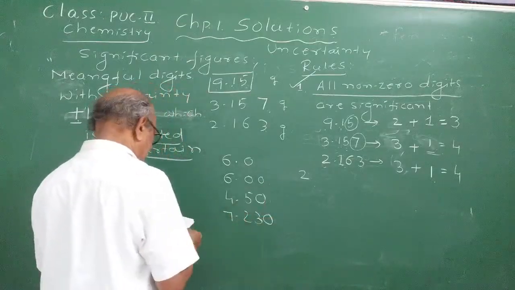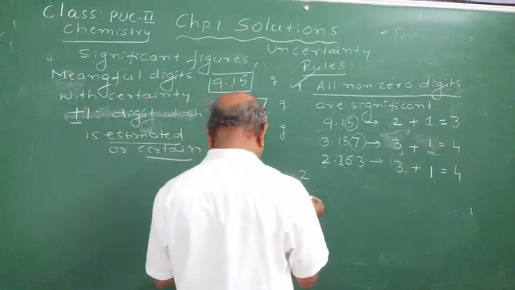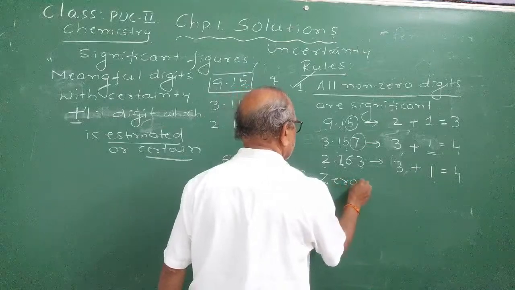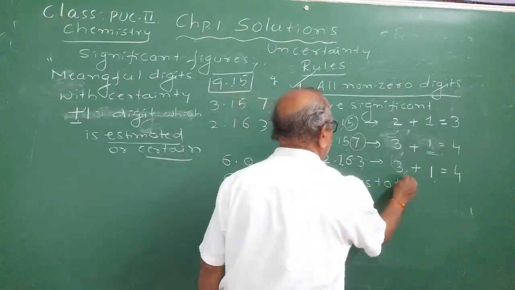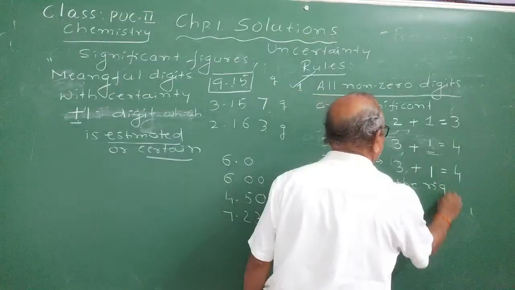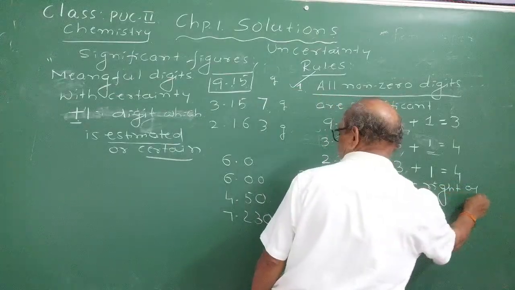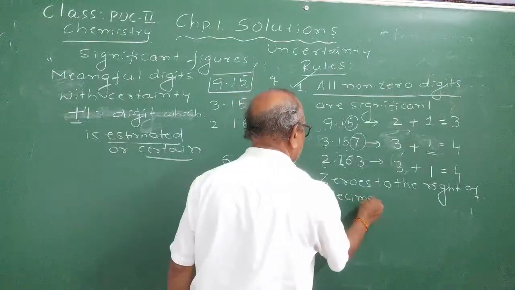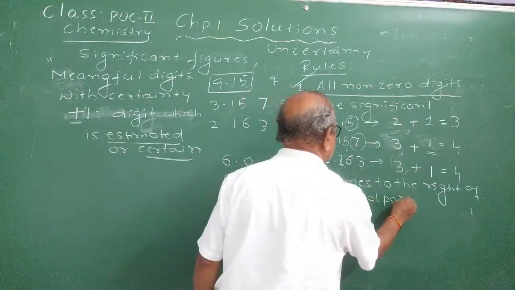The rule tells that zeros to the right of the decimal point are significant.